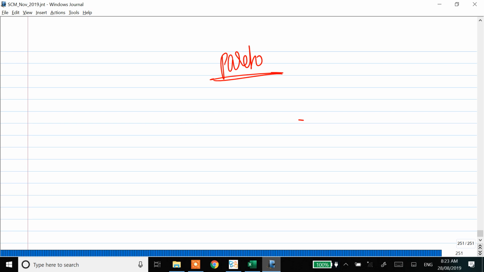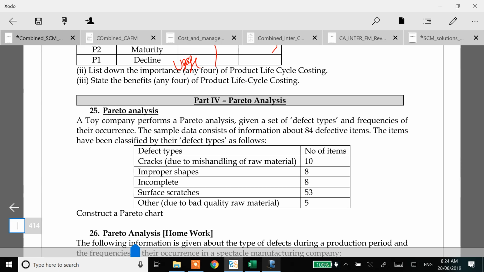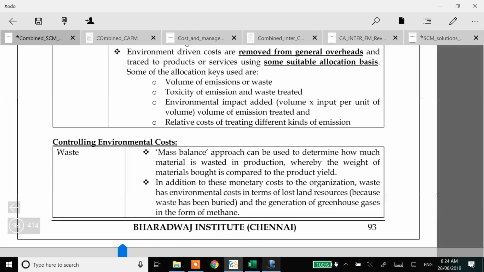Moderately important can be given to the middle level of management. The next level could be given to the lower level of management. We'll say that you take care of these products, because those products may not be that important from an MD's point of view, but could be important from that lower level management point of view. So Pareto's analysis is basically an exercise in doing a selective control and ensuring a better control over various things.